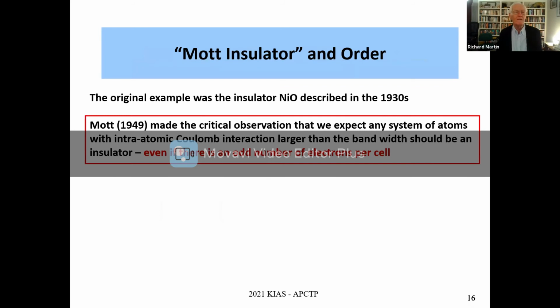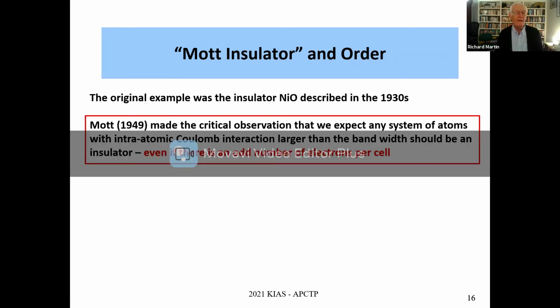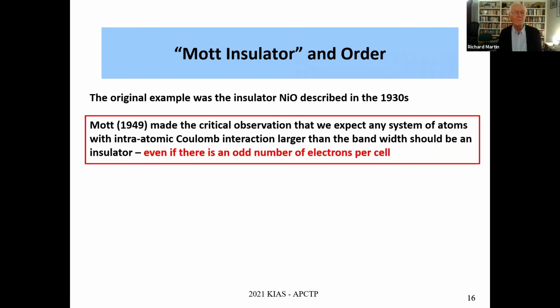The Hubbard model was an example, but it's much more general. The original example was actually pointed out by Mott in the 1930s for nickel oxide. And in 1949, Mott made the observation and explained well why we expect any system of atoms with large interactions, much larger than the bandwidth, to be an insulator.